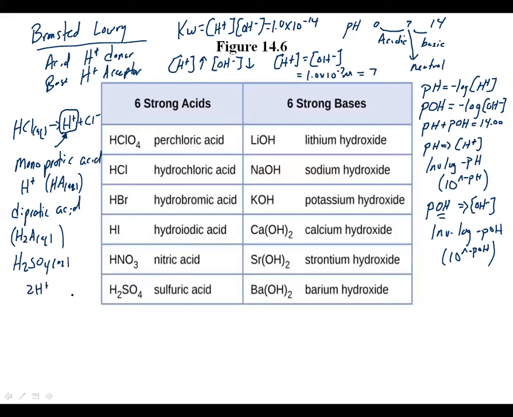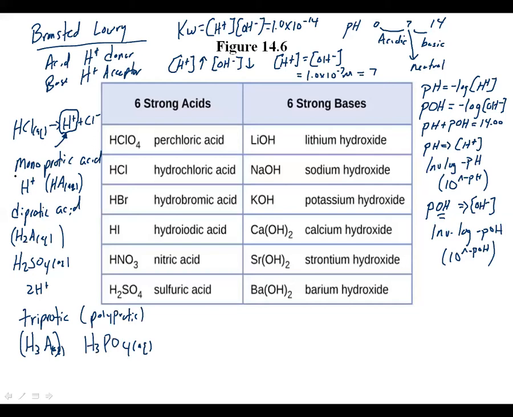And there's also triprotic acids, sometimes referred to as polyprotic, where they can give away 3 H+. That's a generic formula for a triprotic acid, and something like phosphoric acid, H3PO4, is a triprotic acid. The other thing we talked about is they come off one at a time.